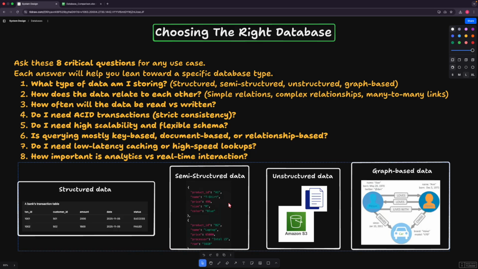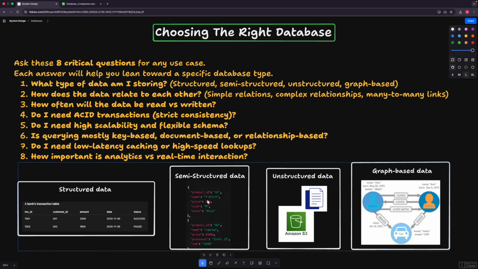Because if it is structured data, you may think we should go with SQL databases. But sometimes even when the data is structured, we may not need strong consistency or isolation, or we strongly need high scalability. In such a condition, we may tend towards non-SQL databases like MongoDB.